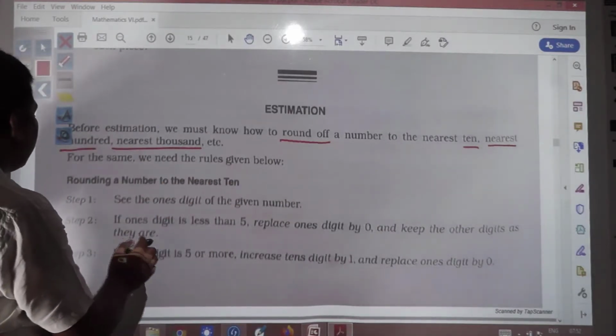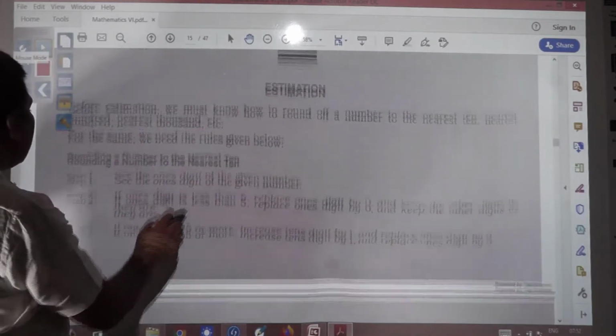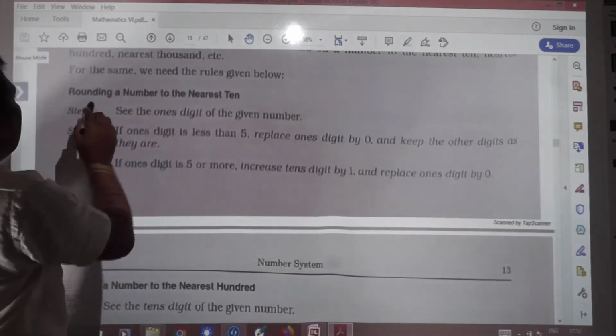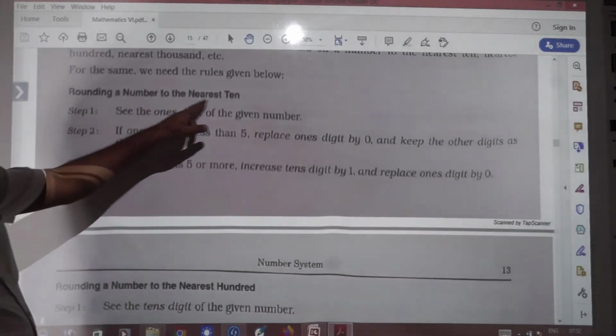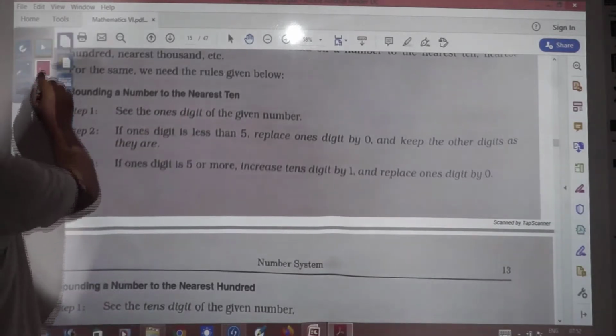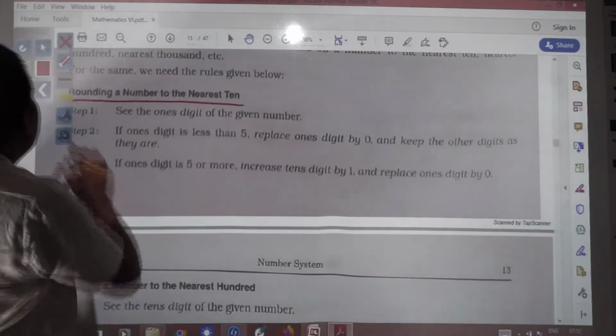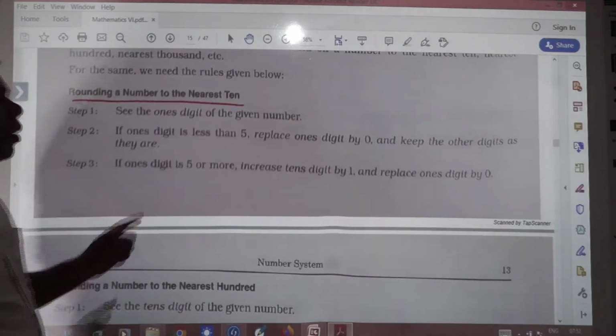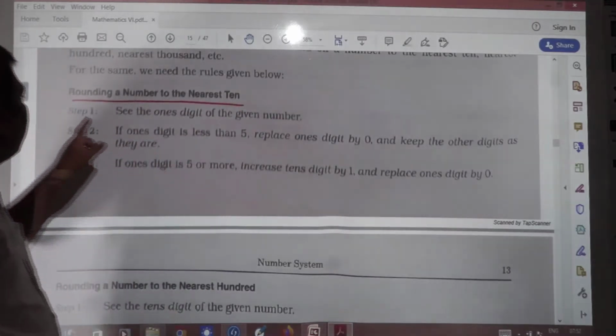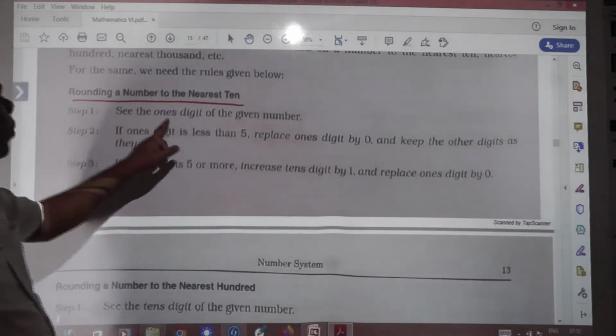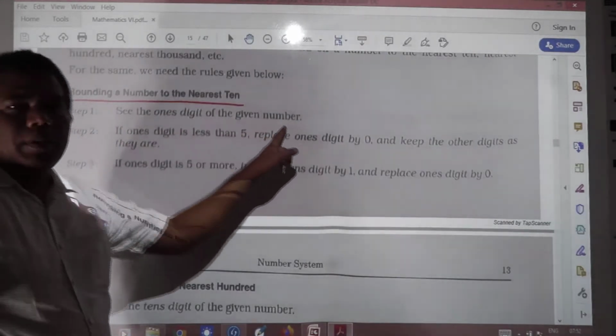So what rules have been given, you see? Rounding a number to the nearest 10. What rule is there? First step, see the ones digit of the given number.